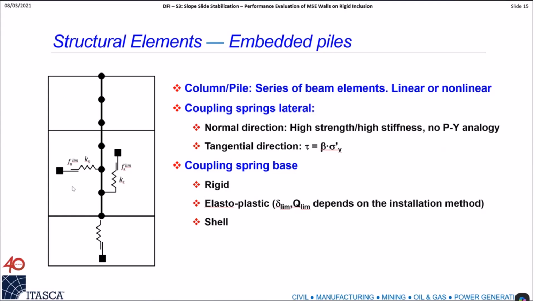You know that when two springs are in series, you sum the inverse of the stiffness. So the combined stiffness, 1 over K, is equal to 1 over K1, which is our coupling spring, plus 1 over K soil, right? So if you calibrate the 1 over K, which is our coupling spring, fixing the movement and therefore the effect of the stiffness in the zone, when you then relax because you analyze the model completely and embed everything, you are essentially making the whole system much more deformable. So it is essentially wrong.